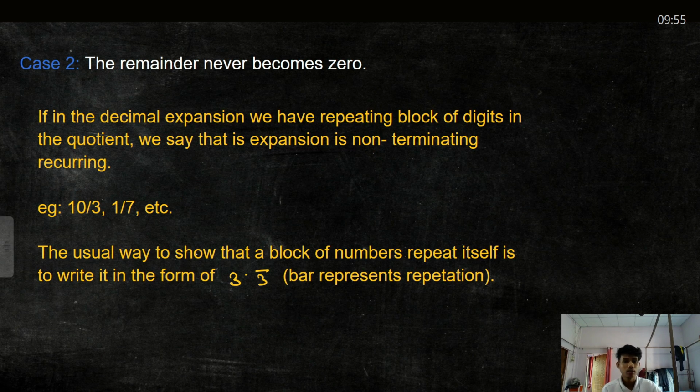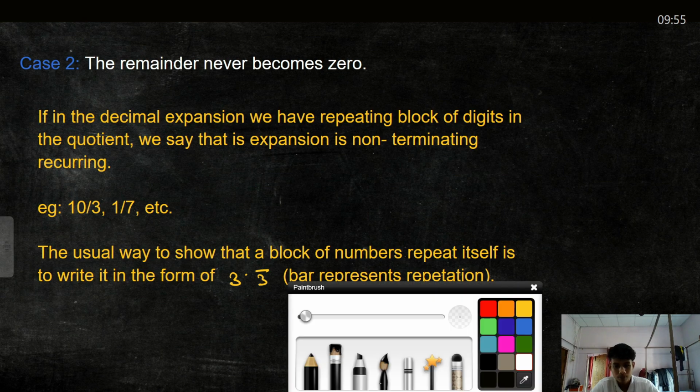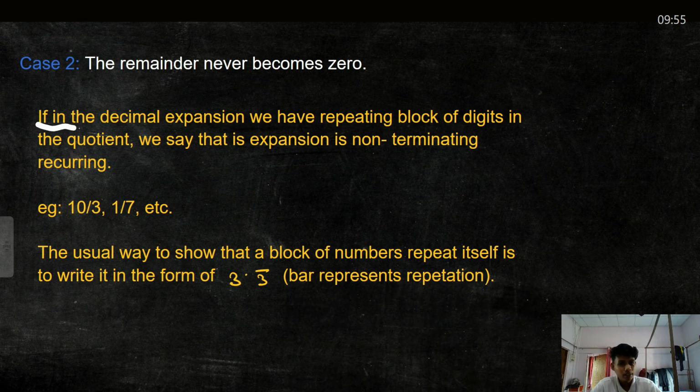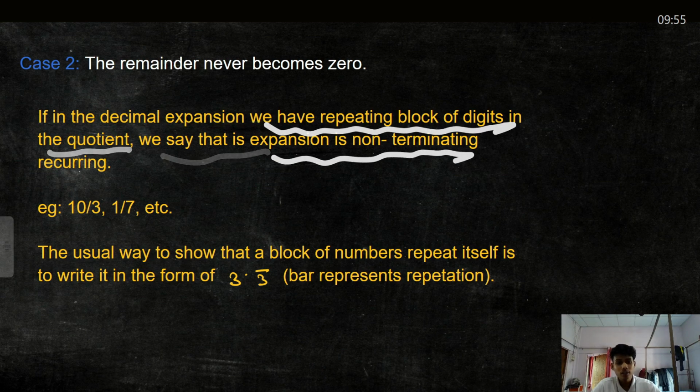Now comes case 2. The remainder never becomes 0. Now if in the decimal expansion we have repeating blocks of digits in the quotient, we say that the expansion is non-terminating recurring.